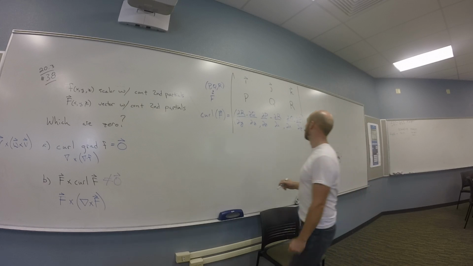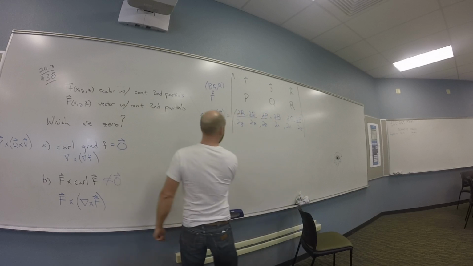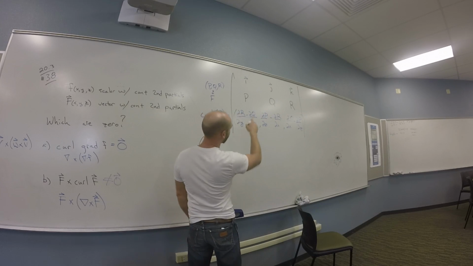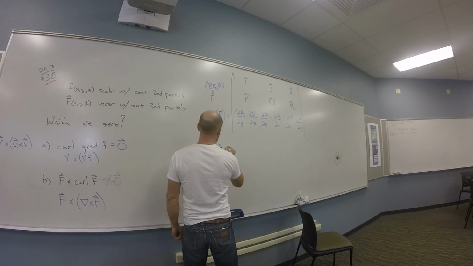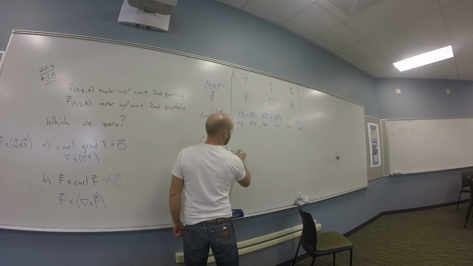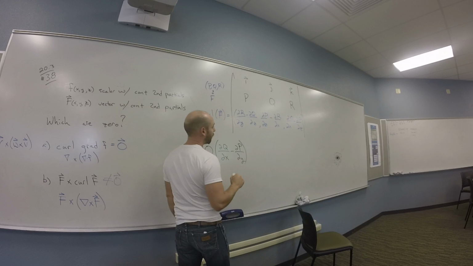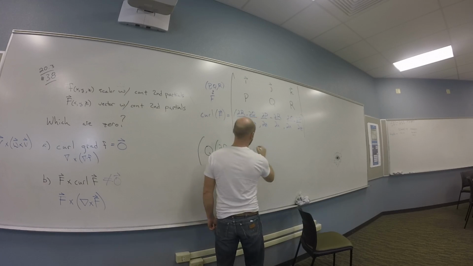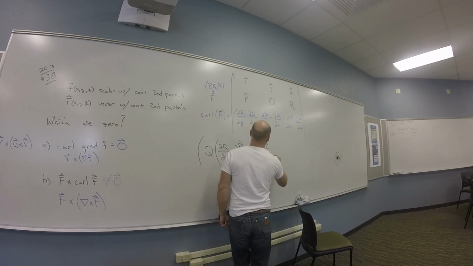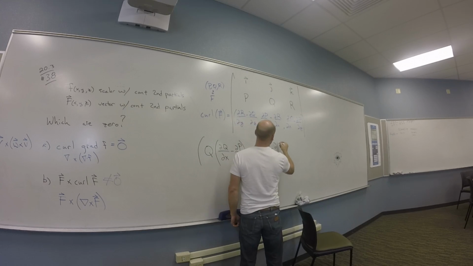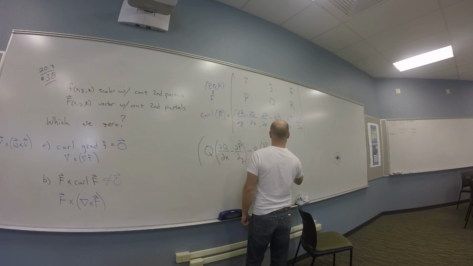Okay. So first thing first, it is just going to be Q times partial of Q with respect to X minus partial of P with respect to Y, minus R times partial of P with respect to Z minus partial of R with respect to X. And that's the first one.